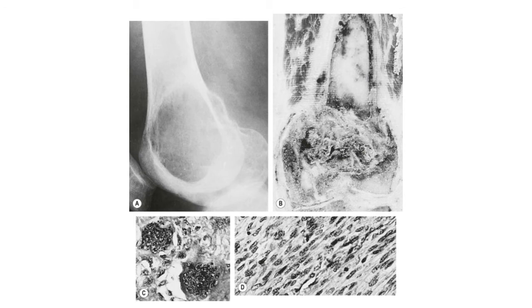Picture A is showing a giant cell tumor in the lower end of the femur that has been treated by curettage and bone chips, and then there was recurrence of the tumor in the same place.